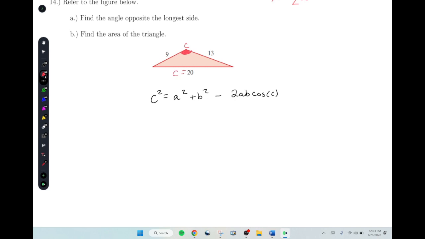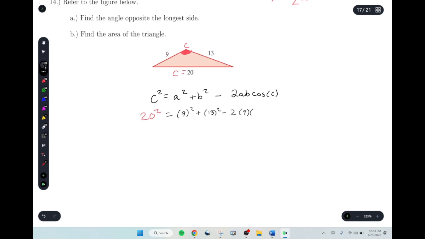Cool? So 20 squared equals 9 squared plus 13 squared minus 2 times 9 times 13 times the cosine of, wait, what do I put for C? We don't have an angle there.